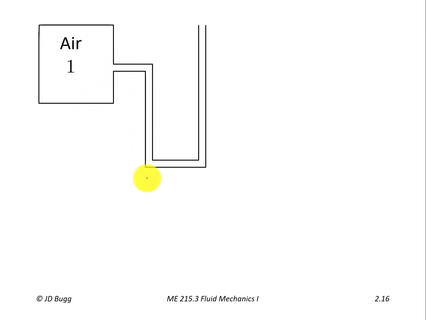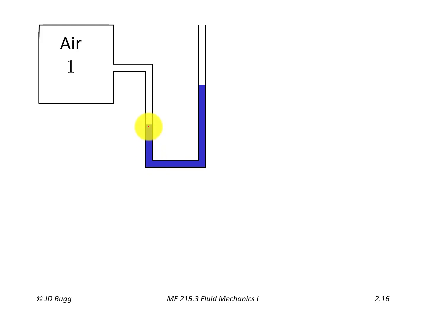This is just a classic U-tube manometer. We have usually a transparent tube attached to this container, and it takes on a U shape like this. The thing that allows us to measure the pressure in here is that we put a manometer fluid in this U-tube. I've just shown the manometer fluid here with blue shading.